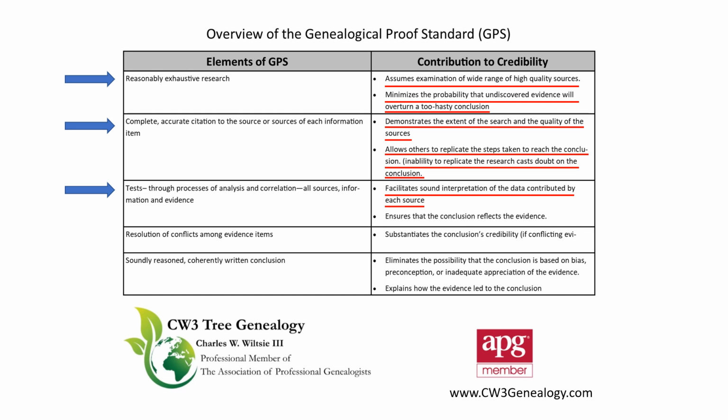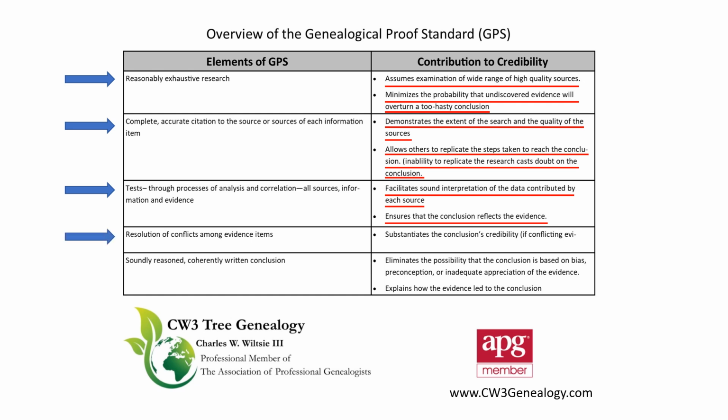Again, using the example of a person in 1850 who was in the United States today and then tomorrow was in France giving birth to a child would make the analysis of that information suspect. You'd have to look further. It also ensures that the conclusion reflects the evidence. So you're going to be very clear. The next slide that we go to will show you exactly how to do this.